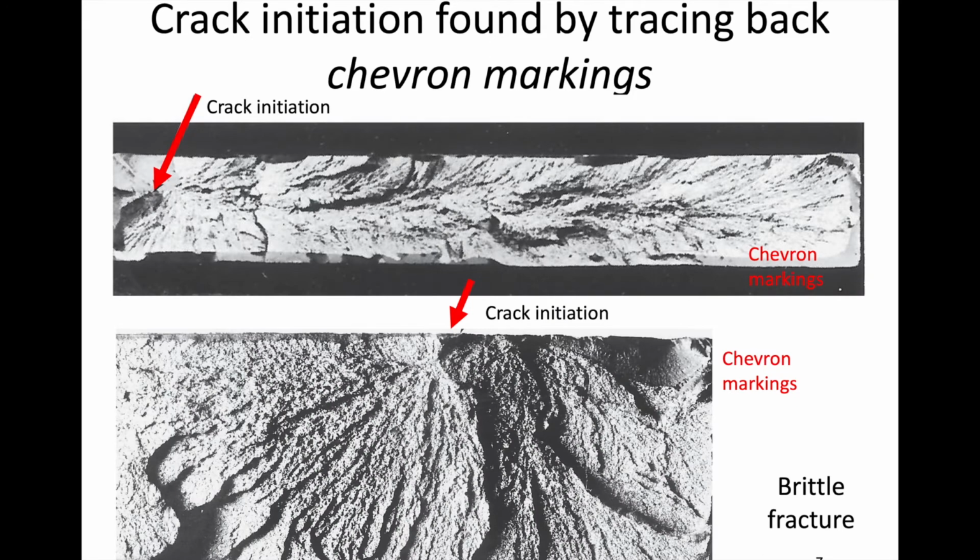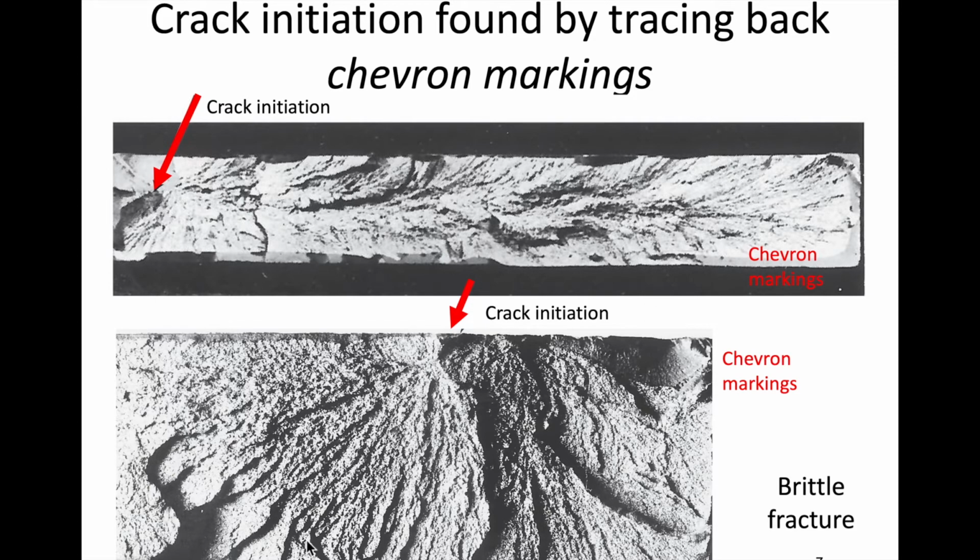All right, so we've seen that these failures occur at some type of defect or crack, and so we can actually trace the initiation of the crack by looking at what are called chevron marks. These are, I believe, impact samples, but it applies the same as what we see with glass.